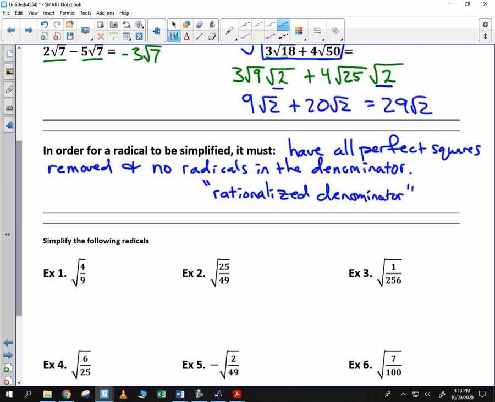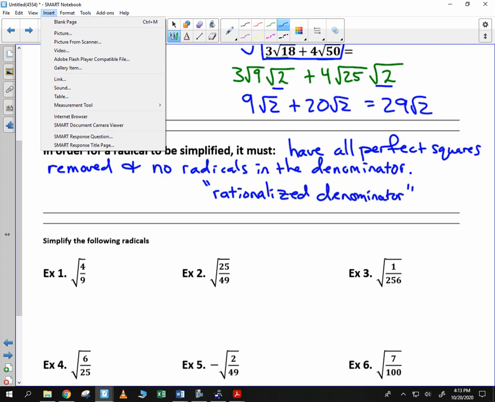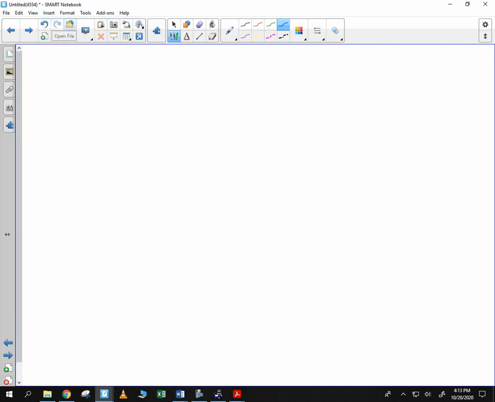And what a rationalized denominator means is simply this. 3 is a rational number because you can express it as a fraction, say 3 over 1 or 12 over 4. And then there's irrational numbers. Irrational numbers would be like pi because it goes on forever and doesn't repeat itself. Square root of 2.